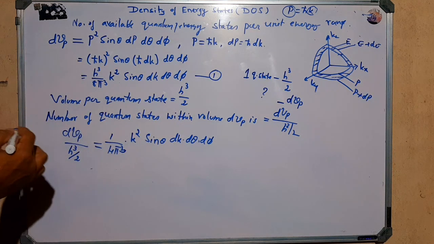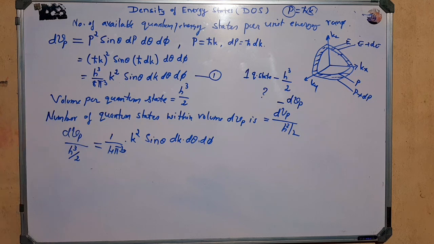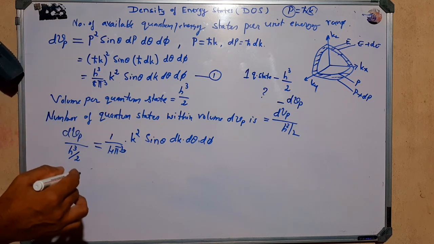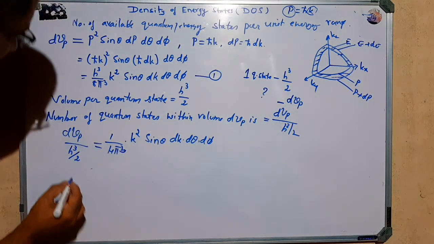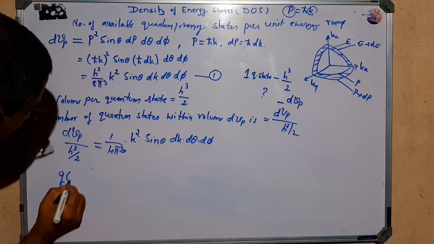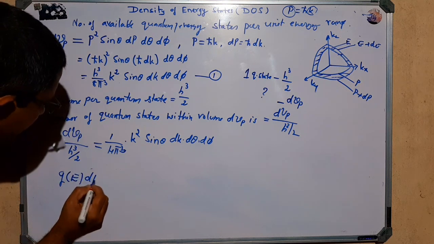I am writing the number of available quantum states between E and E plus dE as g of E into dE.